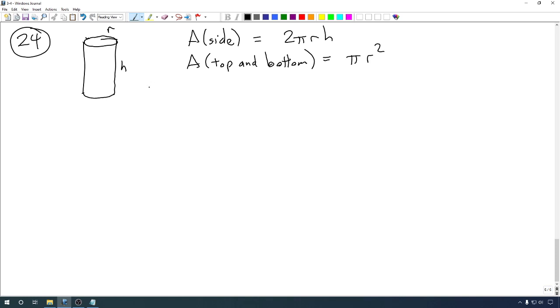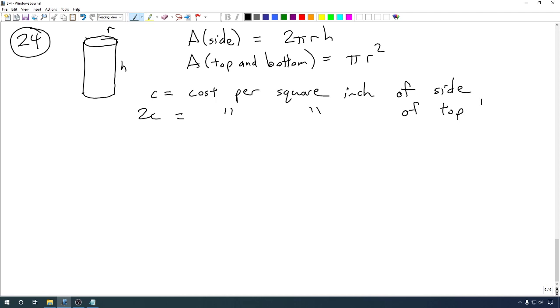For the actual cost, they haven't actually told us what the cost per square inch actually is. So I'm going to have to make up a letter for that. I'm going to say here that little c is the cost per square inch of the sides, which means that 2c is the cost per square inch of the top and bottom.